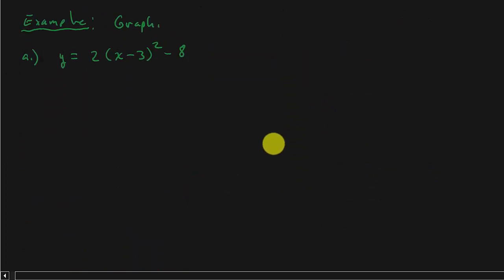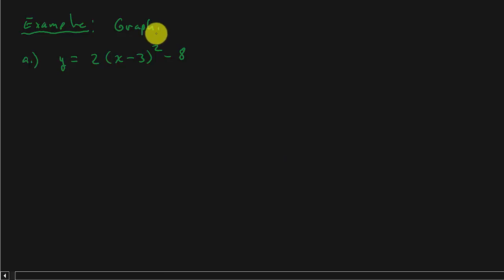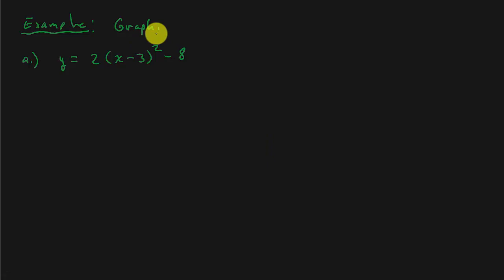All right, so now we come to the fun part. We get to graph these things. All right. Now, when you're graphing these things, I know I just have graph here in the directions, but a lot of the directions you'll see in the textbooks is graph by finding the vertex and the intercepts.